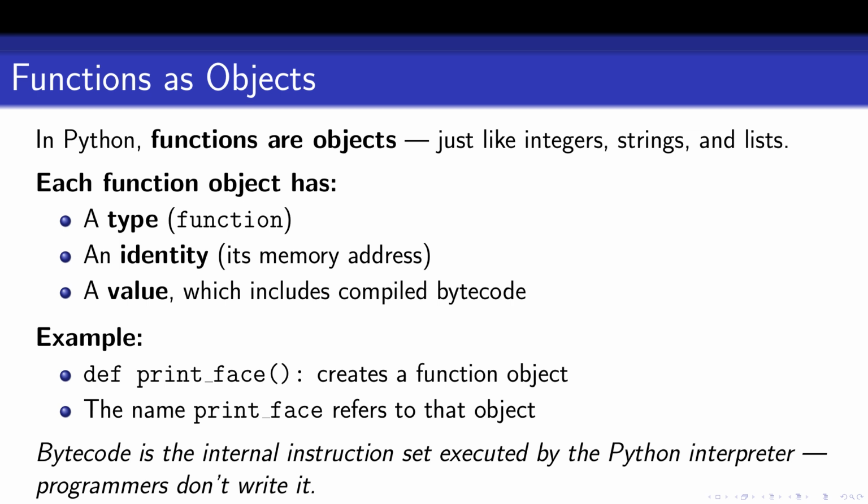For example, defining def printface creates a function object, and the name printface refers to it. This object can be assigned to other variables, passed into other functions, or even stored in data structures like lists or dictionaries. Recognizing that functions are objects opens up more advanced programming techniques, such as higher-order functions, decorators, and callbacks.